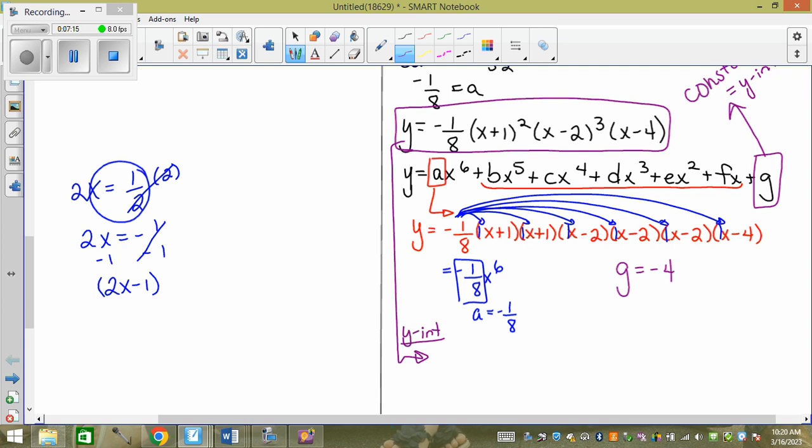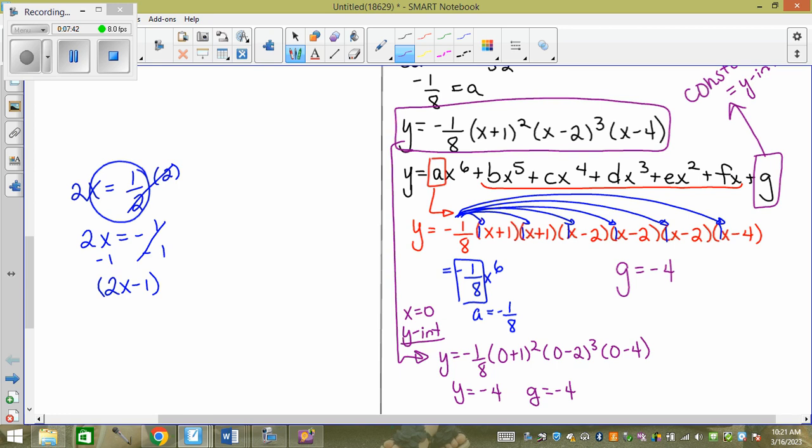What equals 0 for the y-intercept? X. So I could go y equals -1/8, 0 plus 1 squared, 0 minus 2 cubed, 0 minus 4. And when I multiply that all out, I get -4. So g is -4. I could do it that way too, if it wasn't just on my graph.